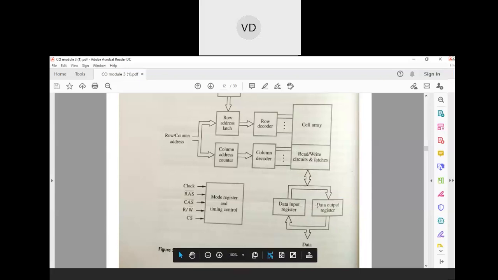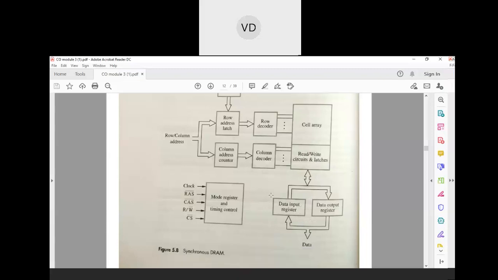Once the data is stored in this data output register, it will be transferred to the data output lines. What about this input register? Suppose you want to do the write operation. When you are going to do the write operation, first you have to give the data, for writing in the memory.